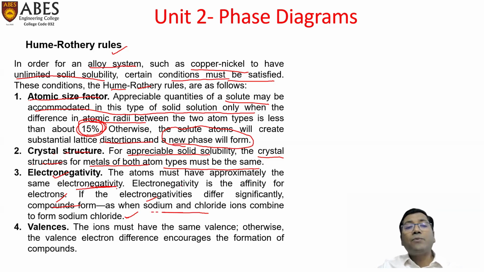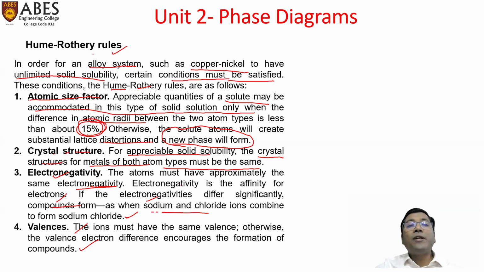So electronegativity should be maintained. And valences: the ions must have the same valence, otherwise the valence electron difference encourages the formation of compounds. So the difference in electronegativity and valence should be as minimal as possible, otherwise a compound will form.